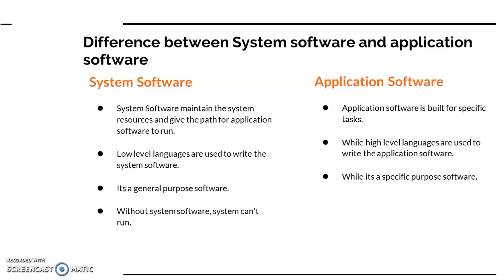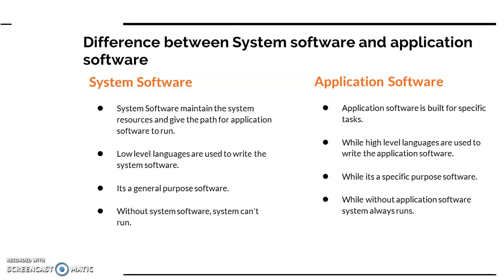Without system software, the system can't run, while without application software, the system still runs. For example, if you uninstall an application software, let us say your Chrome web browser, obviously you can still use your computer with other application software.